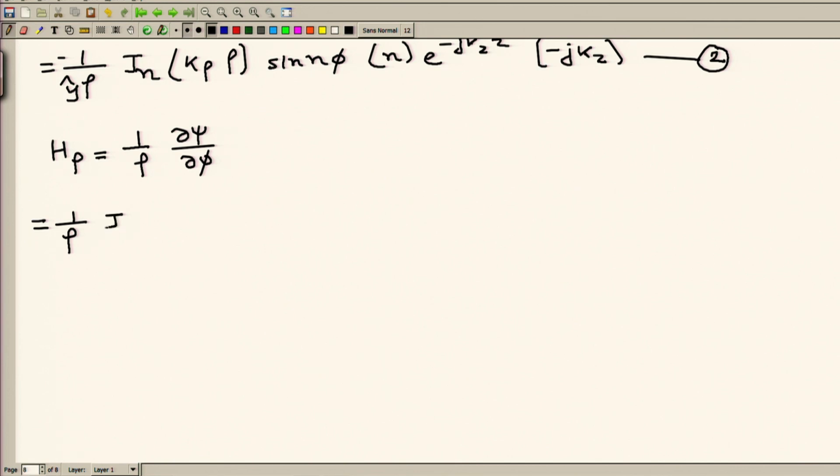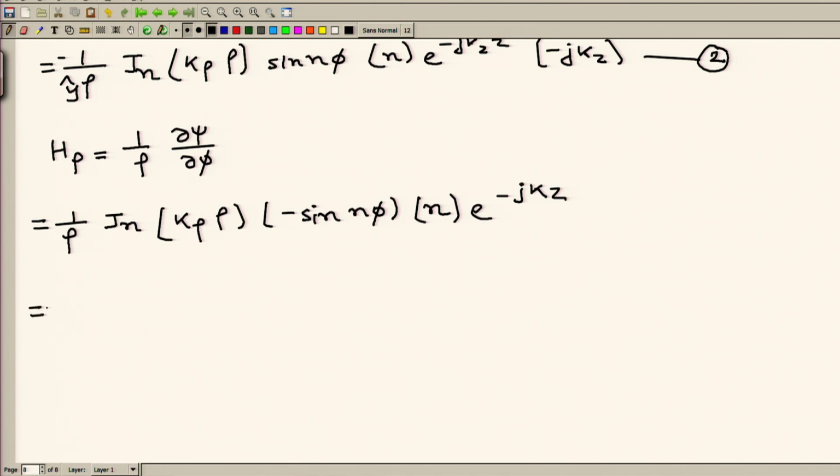It will be Jn k rho, minus of sin n phi, n e to the power minus j k z.